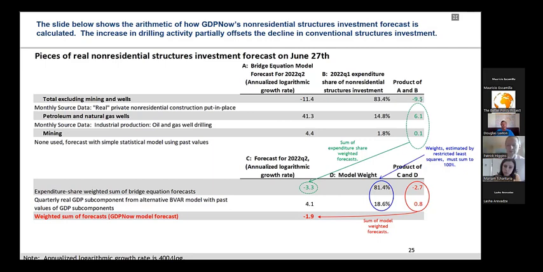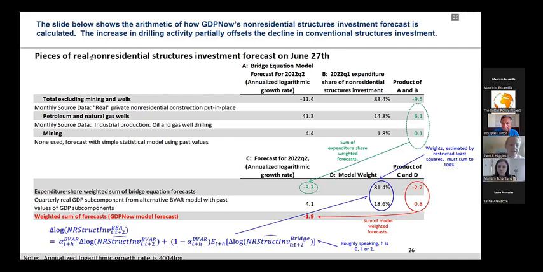So the impact from this source is half as much as it would have been in the middle of 2014, essentially. So these changes in expenditure shares can matter for some subcomponents. Residential investment is another one, where housing starts can go below 1 million a year for the US in a recession, or they can go above 2 million a year in a strong expansion. So these things can swing quite a bit depending where you are in the business cycle.